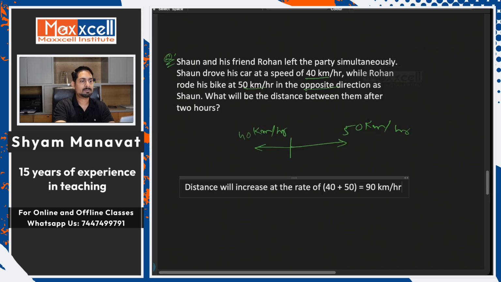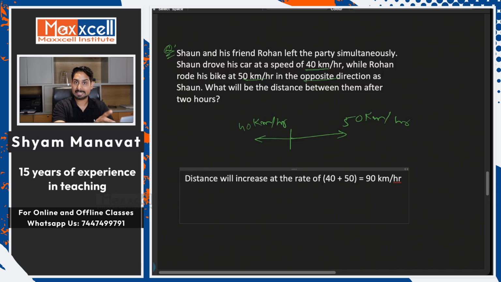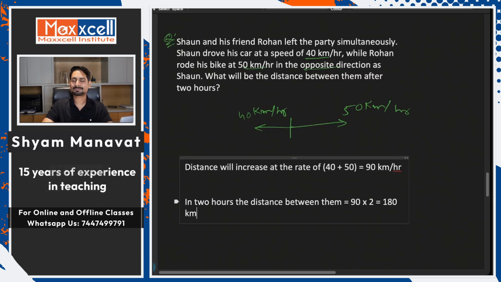Now the question is, what will be the distance between them after 2 hours? It will be 90 kilometers in 1 hour. That means in 2 hours, the distance between them will be 90 into 2, 180 kilometers, right? Easy, simple.